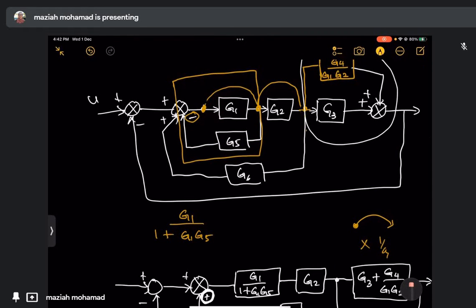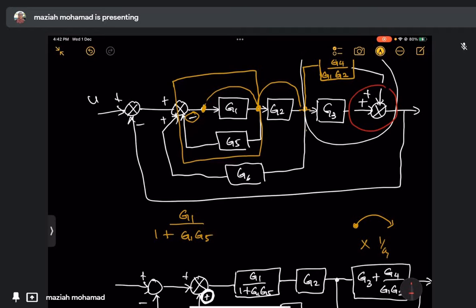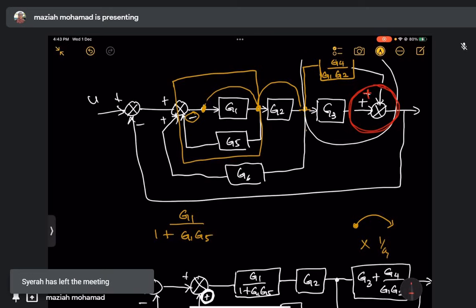Feed forward. You need to follow the sign. So this sign is positive, that's why it is G3 plus G4 over G1 G2.